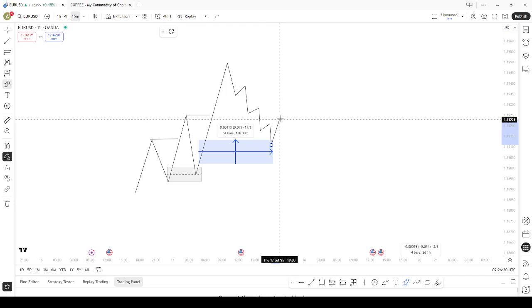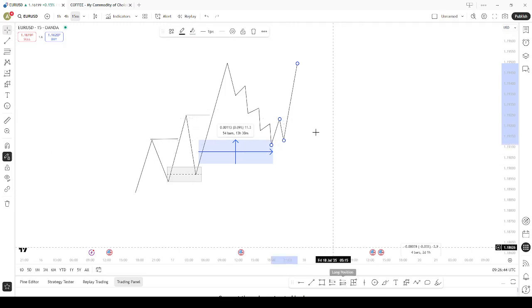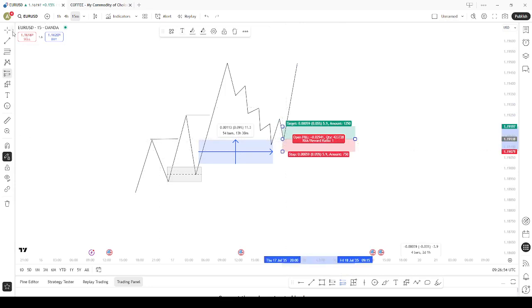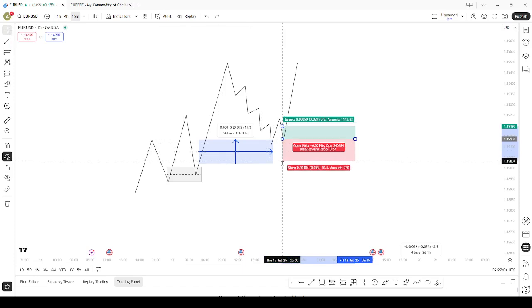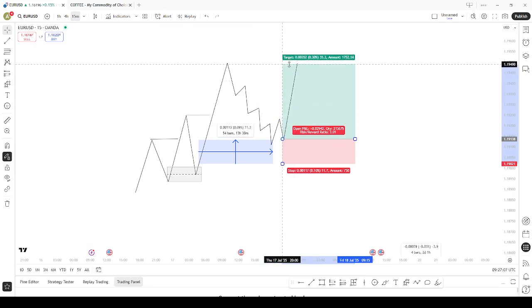Price comes back, it creates a new structure and it retests, then you continue. You get it? So that's also one way you use an imbalance. You see that in this area we based on an imbalance as our point of interest, and actually we took a trade.